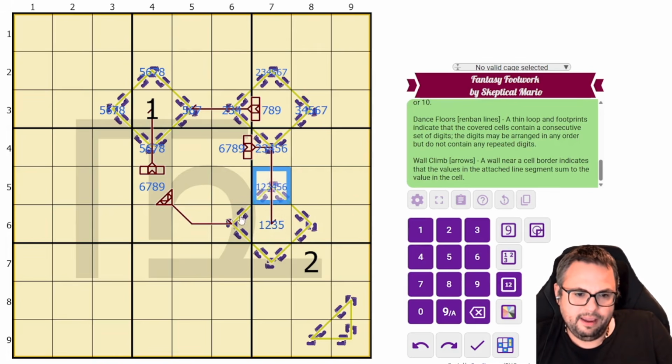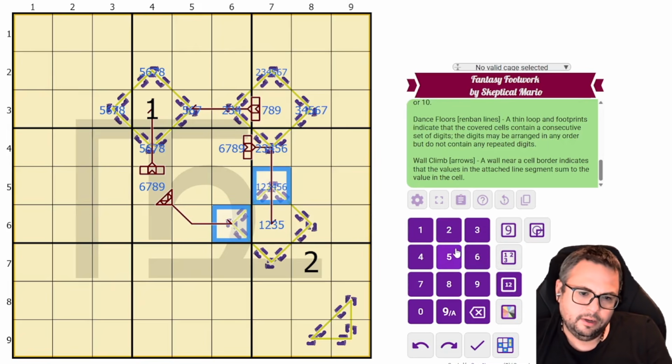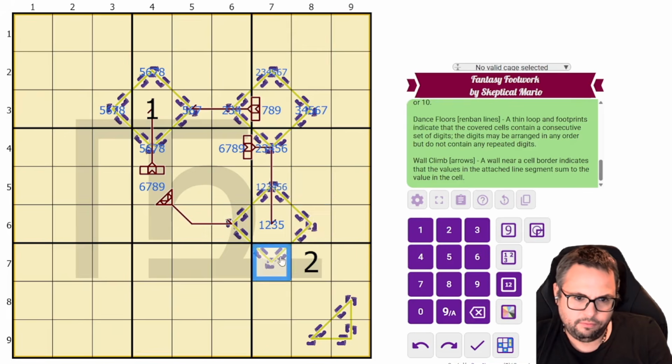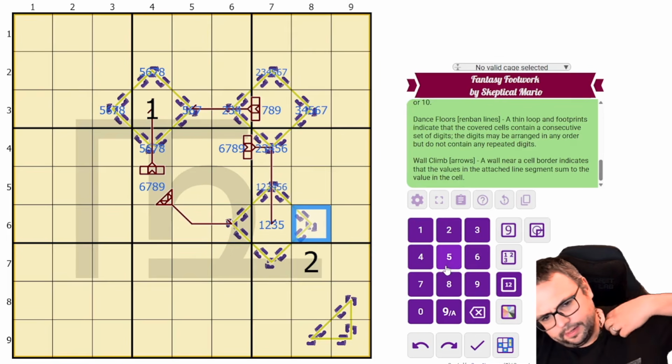If this is a 5, it makes this 1, 2, 3. And the 2, 3 would have to be over here, with a 1, 4 over here. May be acceptable.